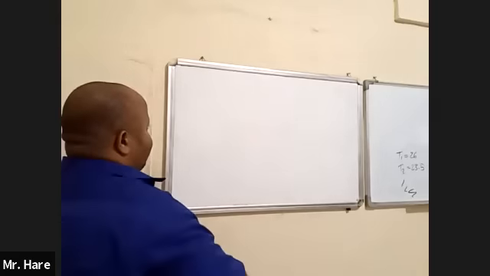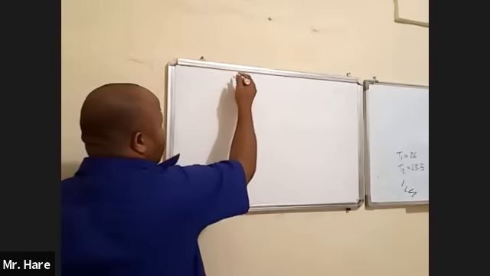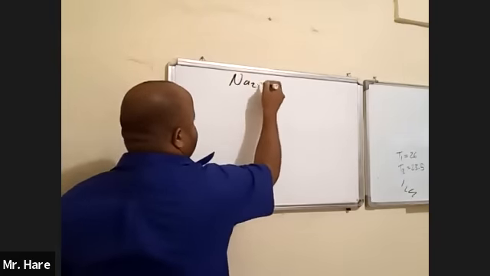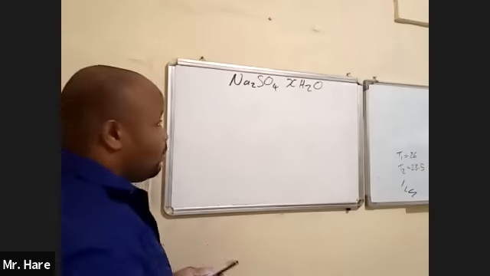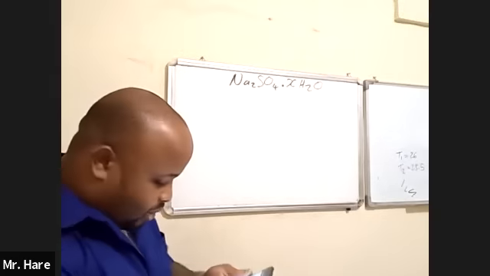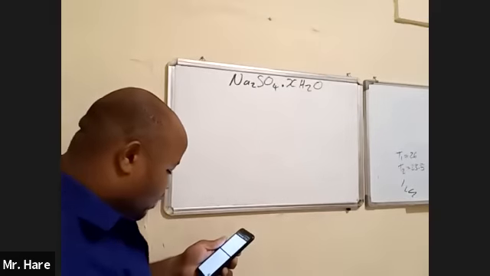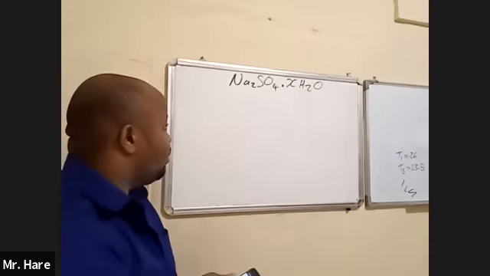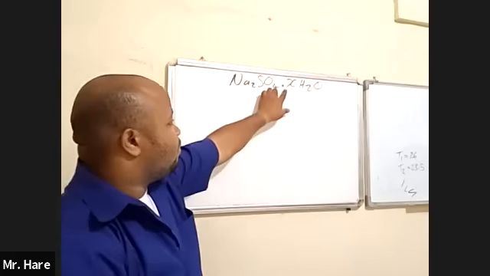So we are tasked with finding the value of x in the formula Na2SO4 dot xH2O. So based on the data that was given, what are some of the things that we need to calculate in order to find x?